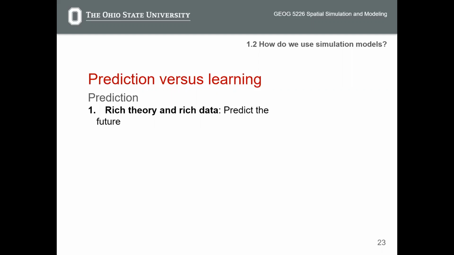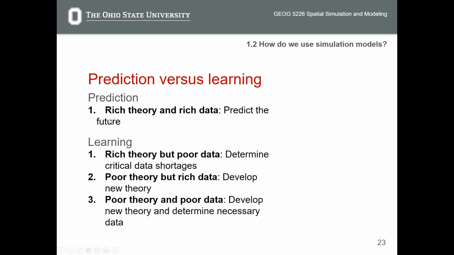And based on that reliable model, we need a large amount of data to make sure that our prediction is also reliable, is data-based. But that's the perfect scenario here. The theory is reliable and we have a lot of data to experiment.